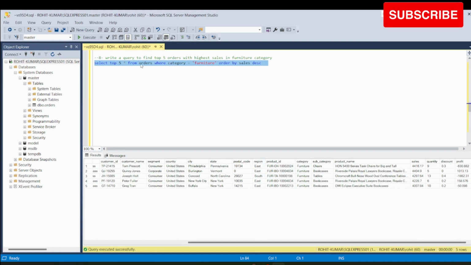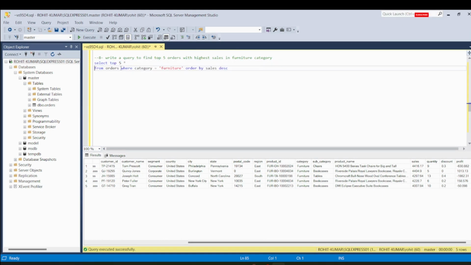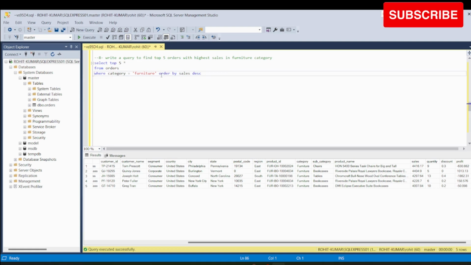So now the question is, what is the order of execution? As we have run every keyword separately, you know how it's working. First it's working from, then where, then order by, then top 5. From is where it takes the data, then we put our furniture category condition, then we order the data, then we put our third condition, that is top 5.